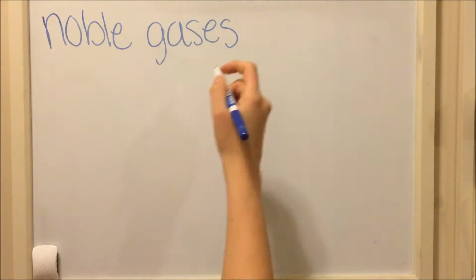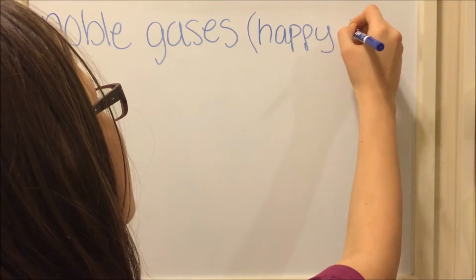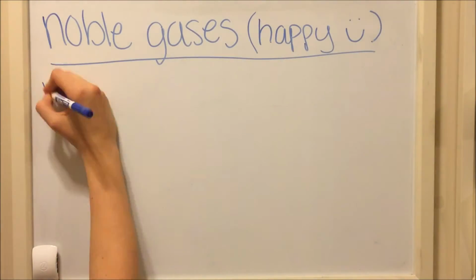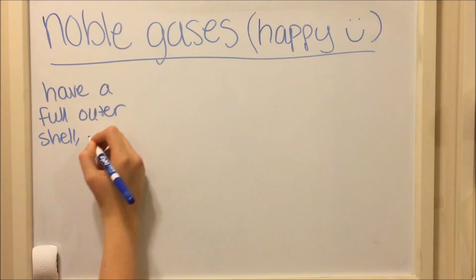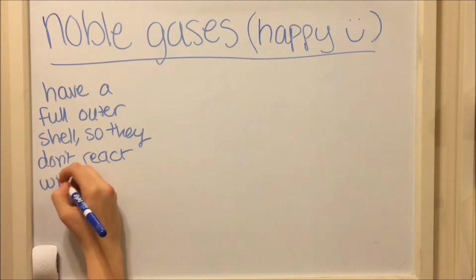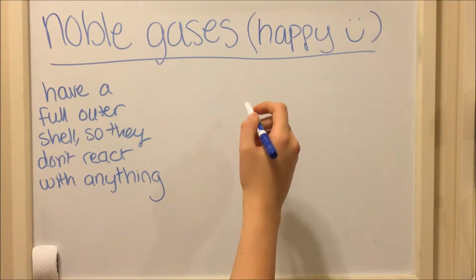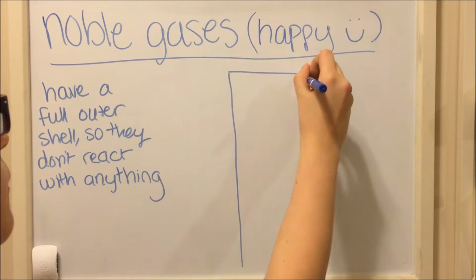If an atom has a full outer shell, it doesn't react with anything. Noble gases are the only atoms that have a full outer shell, so they don't react with anything.